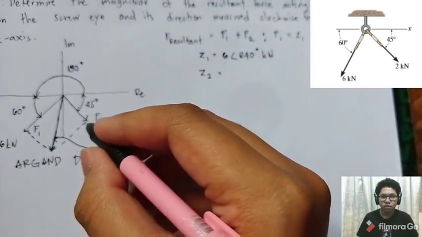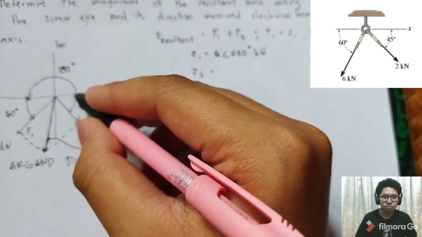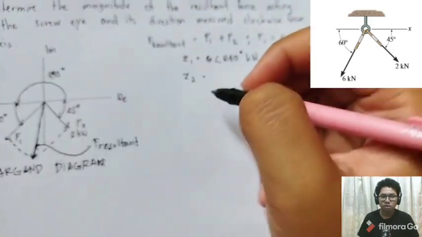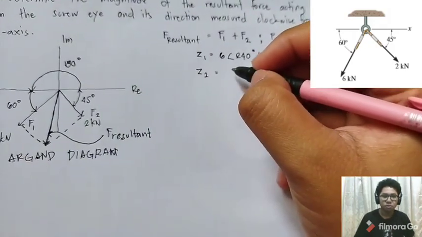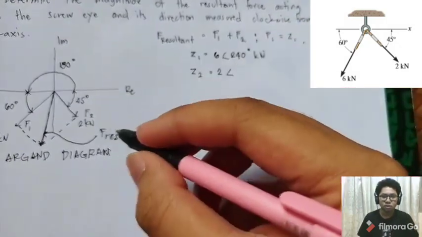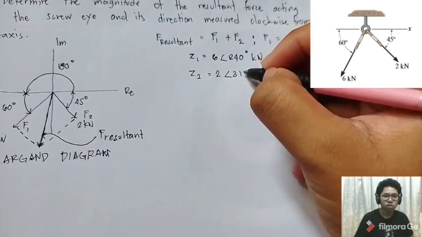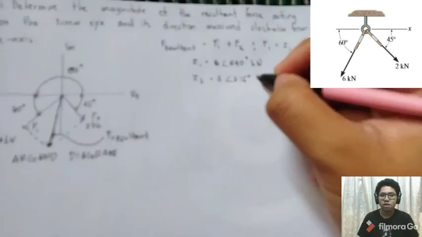The same with the second complex number: we will subtract 45 degrees from 360 degrees, so that is 2 with an angle of 315 degrees kilonewtons.